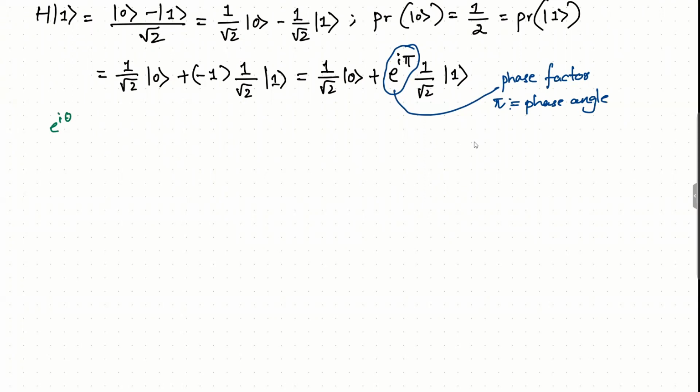Whenever we have this e power i theta, whatever value results can be considered a phase factor, where theta is the phase or phase angle, or usually people just say the phase. And e power i theta is nothing but cos theta plus i times sine theta.